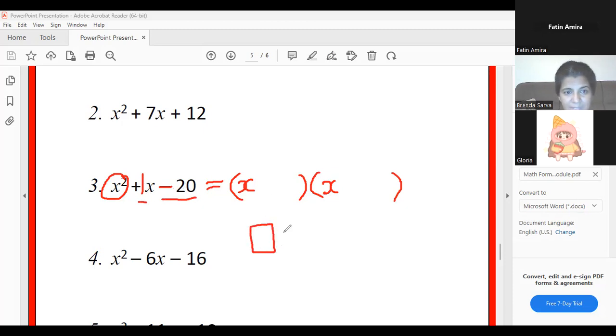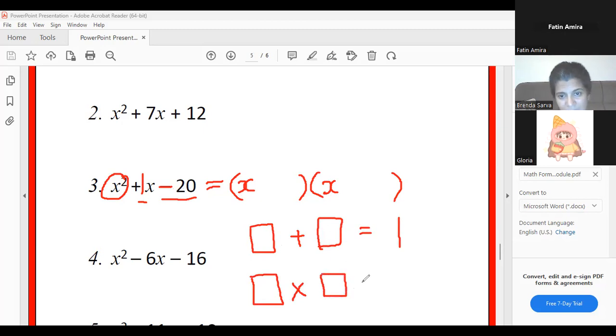Something plus something, which is the middle term, must give you 1. And those same numbers multiplied with each other must give you negative 20. What could that be? This requires us to think a bit more deeply.